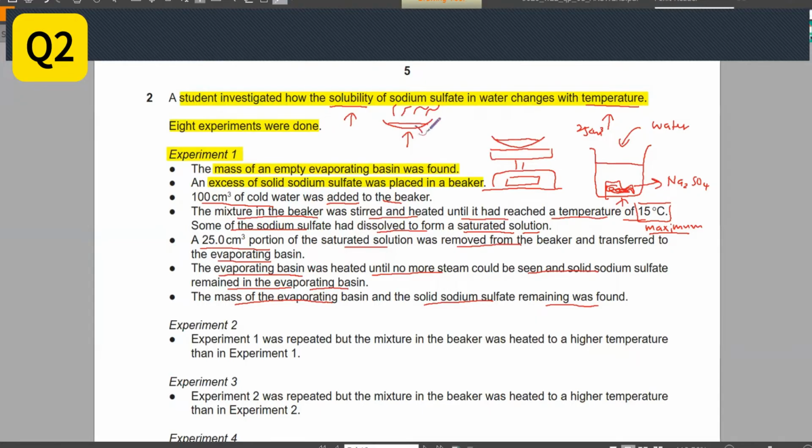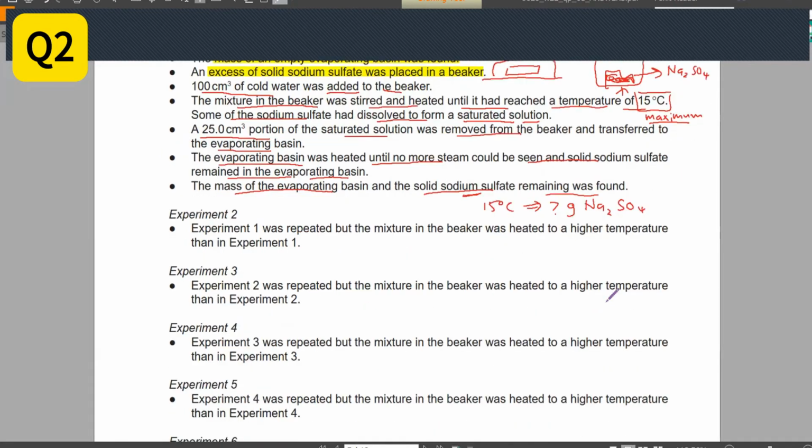We left the sodium sulfate there. So this one is the one that was dissolved just now. So this is how we find out at 15 degrees Celsius how many grams of the sodium sulfate dissolved at 15 degrees Celsius.